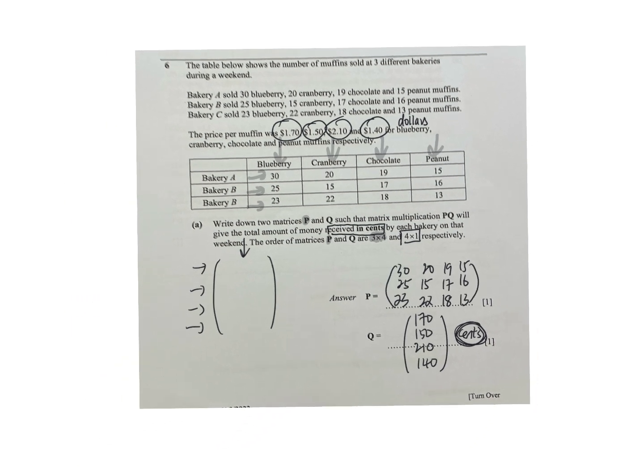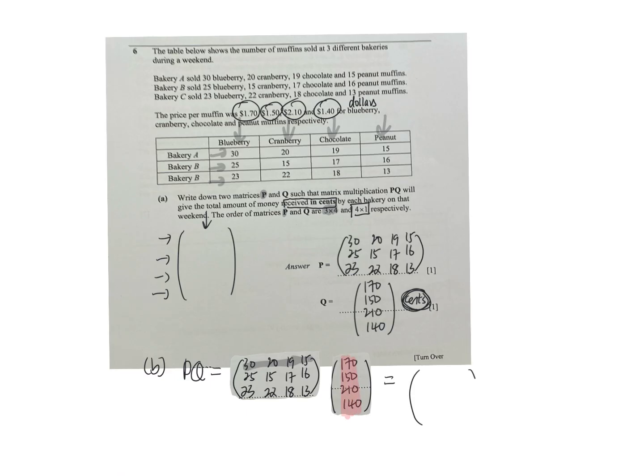Silesh, wake up. Okay, then part B, they say find PQ. So you copy this matrix, and multiply it to this thing. Let me emphasize that it is horizontal times vertical. Matrices is the best thing that ever happened. Okay, so horizontal times vertical, the first entry you will get is 14190.